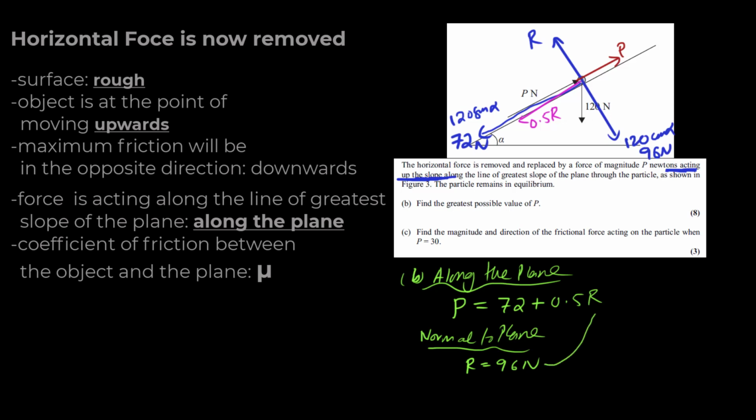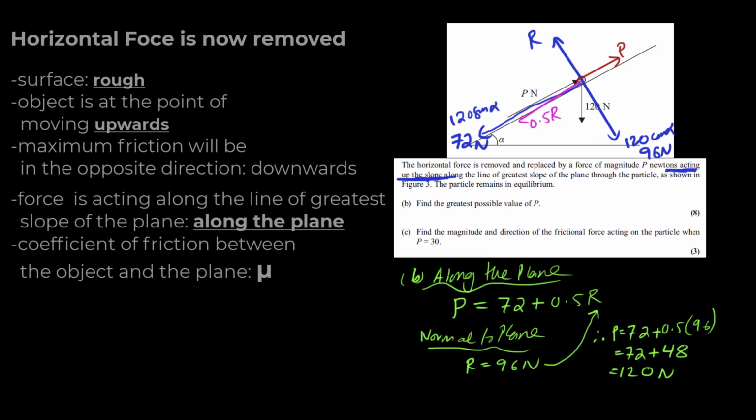So plug in the value here, so we get, therefore, P equals 72 plus 0.5 of 96, which is basically 72 plus 48. So if we now add this up, P is going to be 120 Newton.